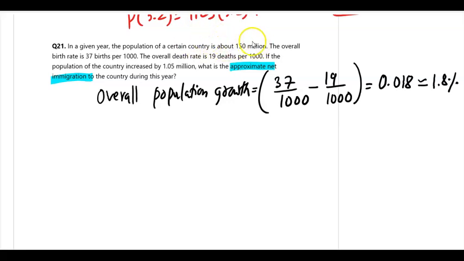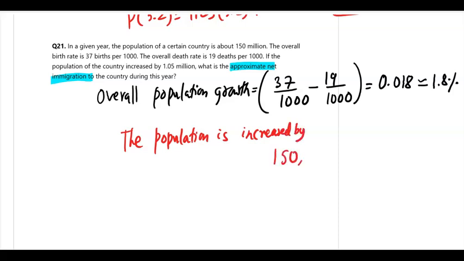So the population was 150 million, but it grew by this much percent. So how much did the population increase? The population increased by 150 million times 0.018.